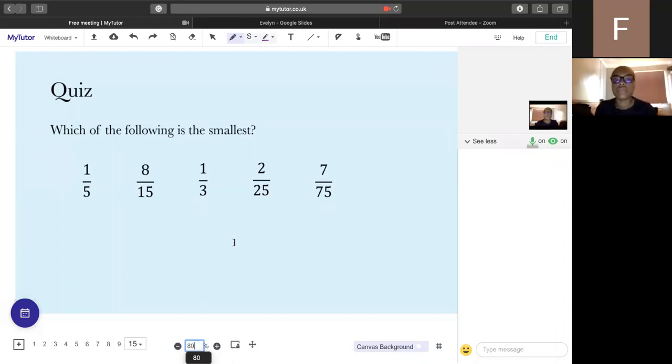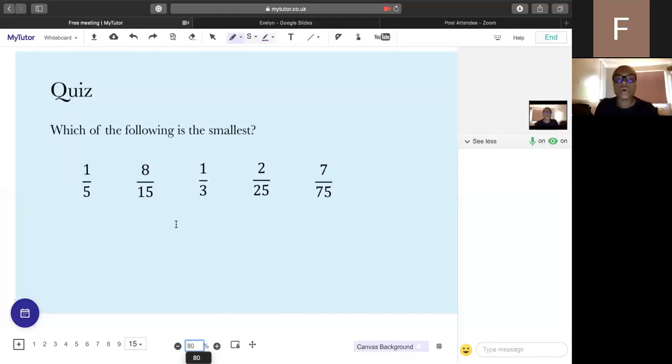So to find the smallest, what I would suggest you do is you do exactly the same thing as what we did in ordering fractions. So we're going to make all of these into equivalent fractions, but with common denominators.